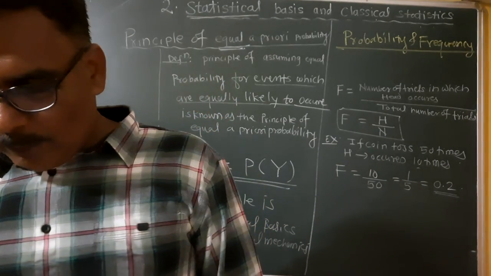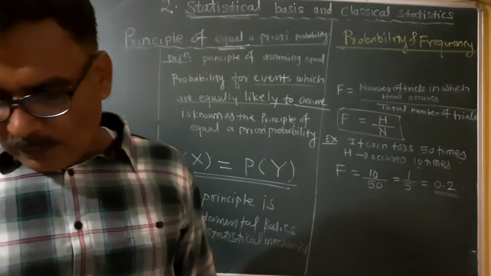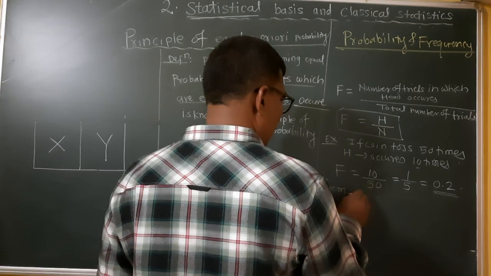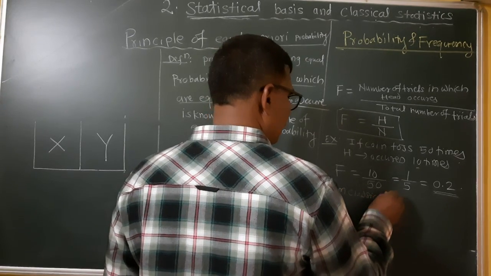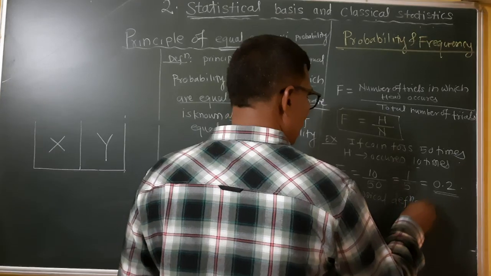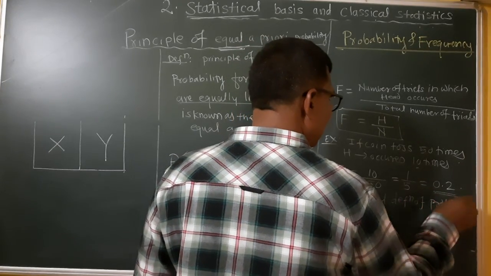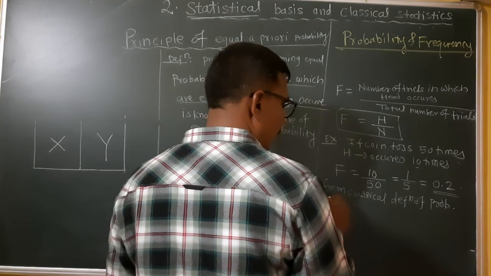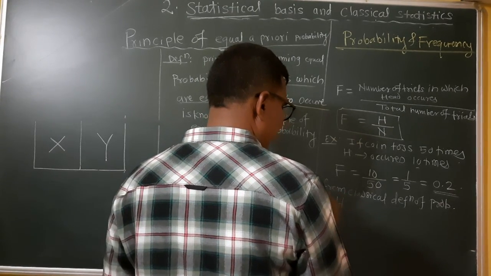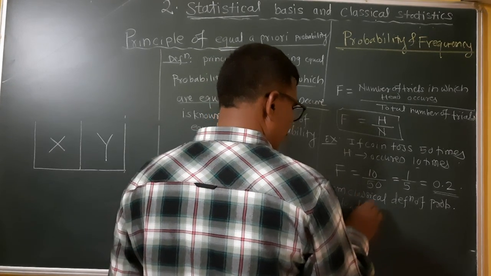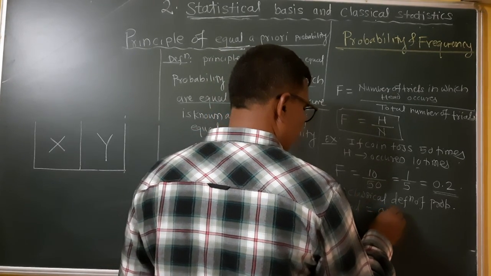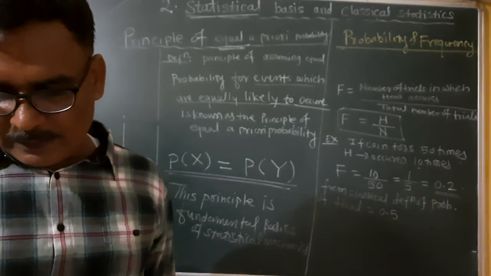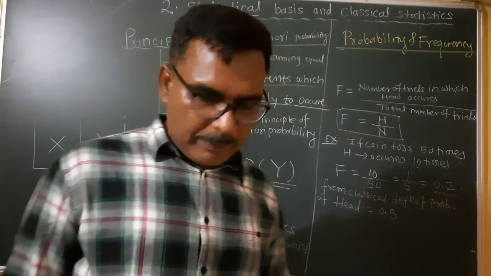From the classical definition of probability, the probability of occurrence of head is equal to 0.5, or 50%.